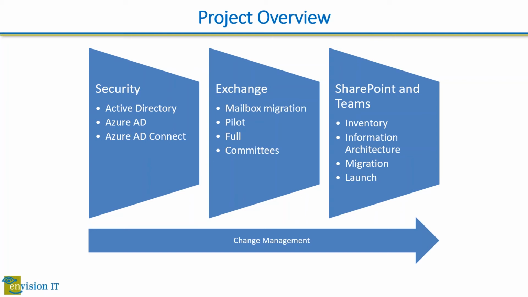So change management needs to start early, educating people about what's happening and what's coming, what it means to them, how it changes the way they work, and why that is good for both them and the organization. Then moving to the right into the SharePoint and Teams side of things, Teams may have been thrust onto the organization, but there may not be a lot of deeper adoption in terms of getting into Teams and channels and what that looks like. So we'll talk more about that side as well.